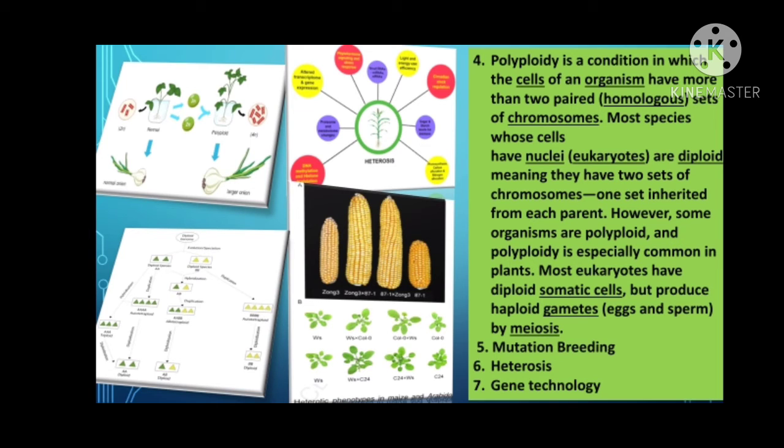Disease resistance through aneuploidy. Aneuploidy has been applied in breeding to develop disease-resistant plants through the addition of an extra chromosome into the progeny genome. An example is the transfer of leaf rust resistance to Triticum aestivum from Aegilops umbellulata through backcrossing. Okay.